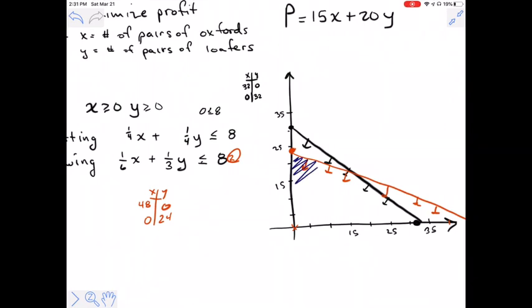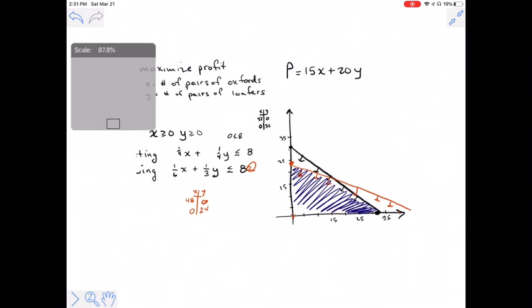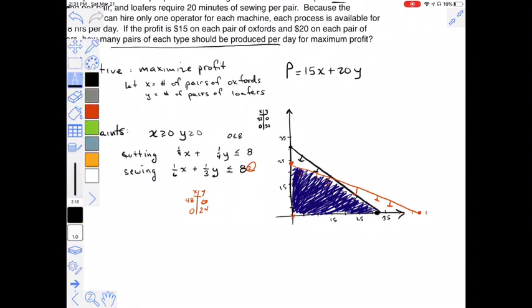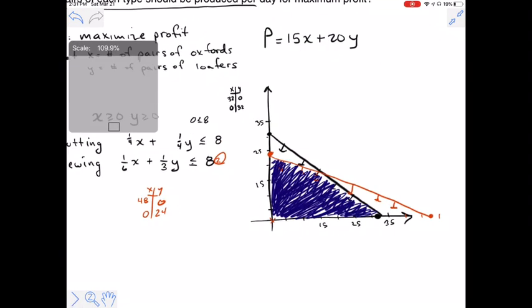So the feasible region would be right here. So remember, step 1 is graphing the feasible region. Step 2 is locating the vertices. I've got one here, here, here, and here.